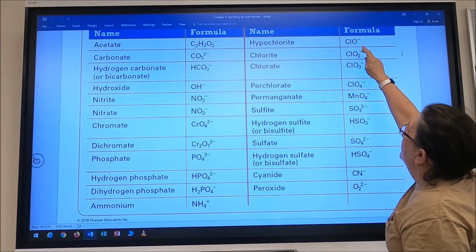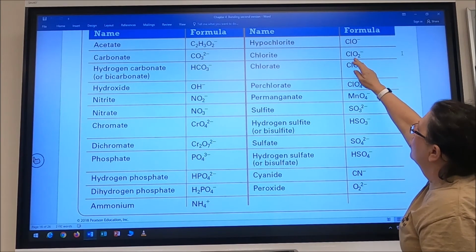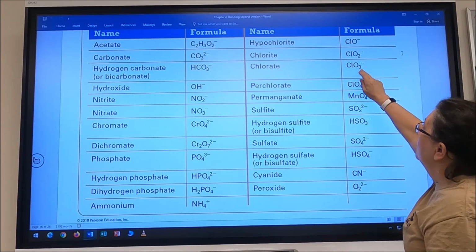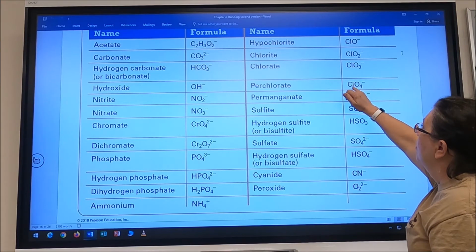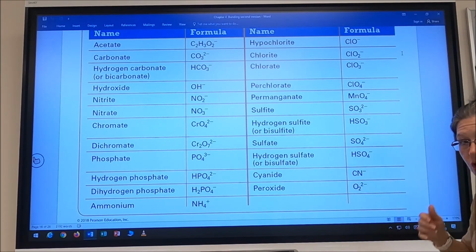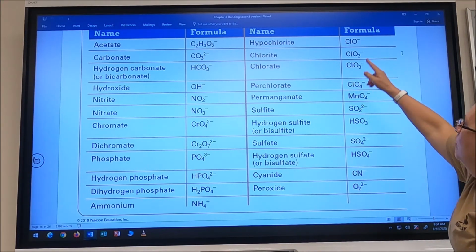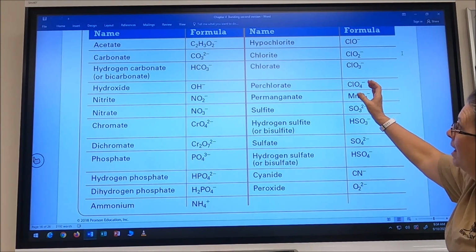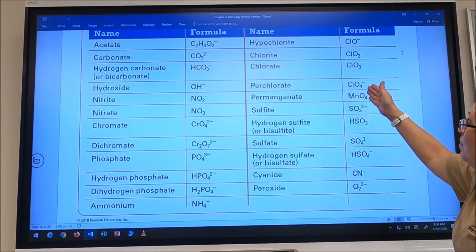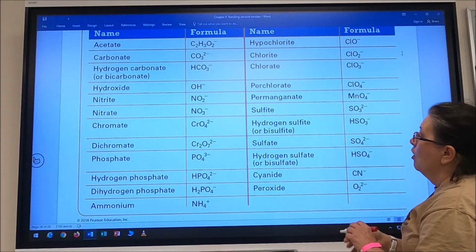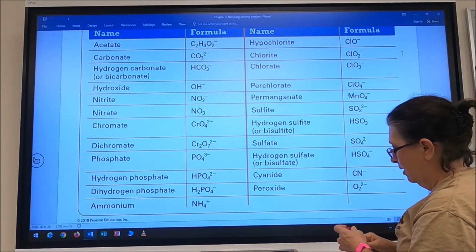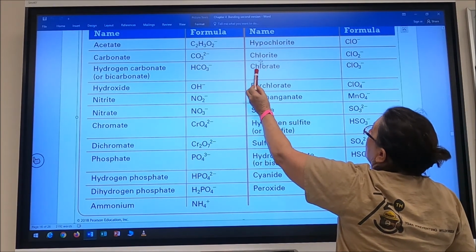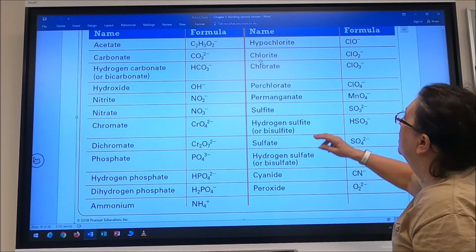Notice here I have chlorine with 1 oxygen having a -1 charge, chlorine with 2 oxygens a -1 charge, chlorine with 3 oxygens a -1 charge, chlorine with 4 oxygens -1 charge. Because chlorine is the non-oxygen member of this polyatomic ion, the name of the ion is based on chlorine. So at the heart of it, we see chlor, chlor, chlor, chlor.